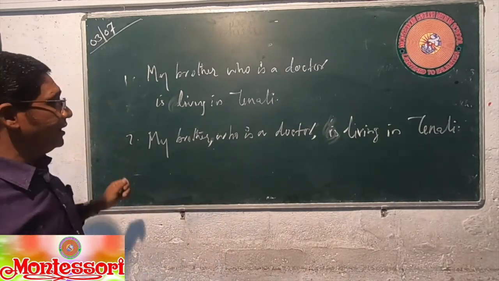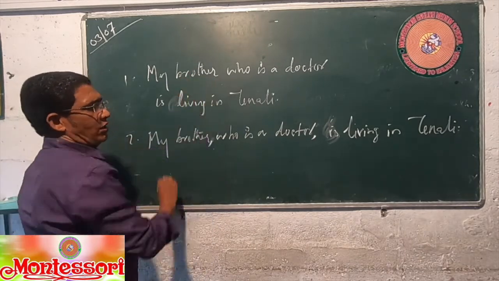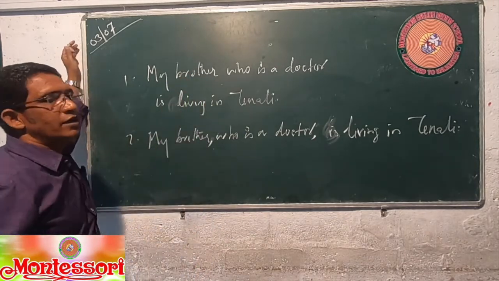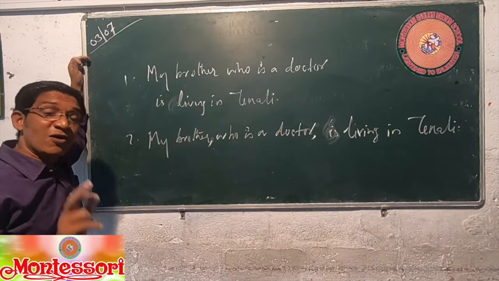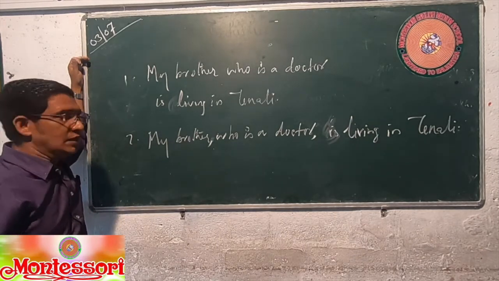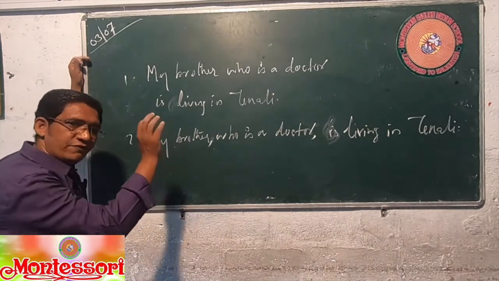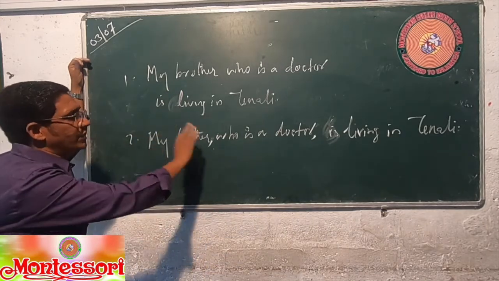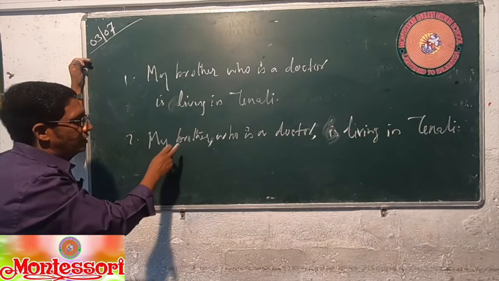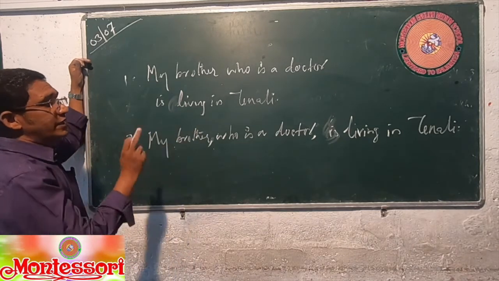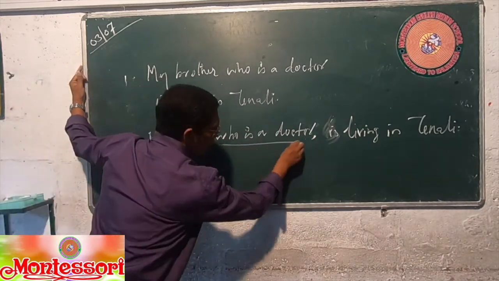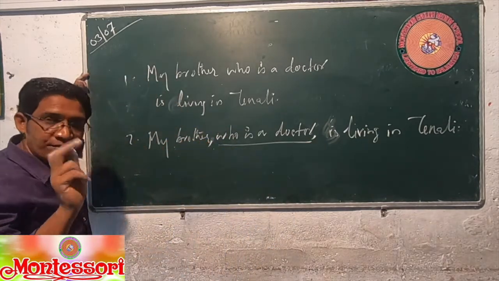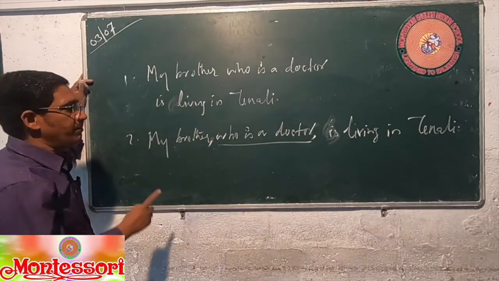Now please understand. When you use a defining clause, here it is clearly understood that I have more than one brother. Whereas here I have not used any defining or any sort of additional attributions to my brother. Therefore, it is only additional information. It means I have only one brother. See, the meaning changes?